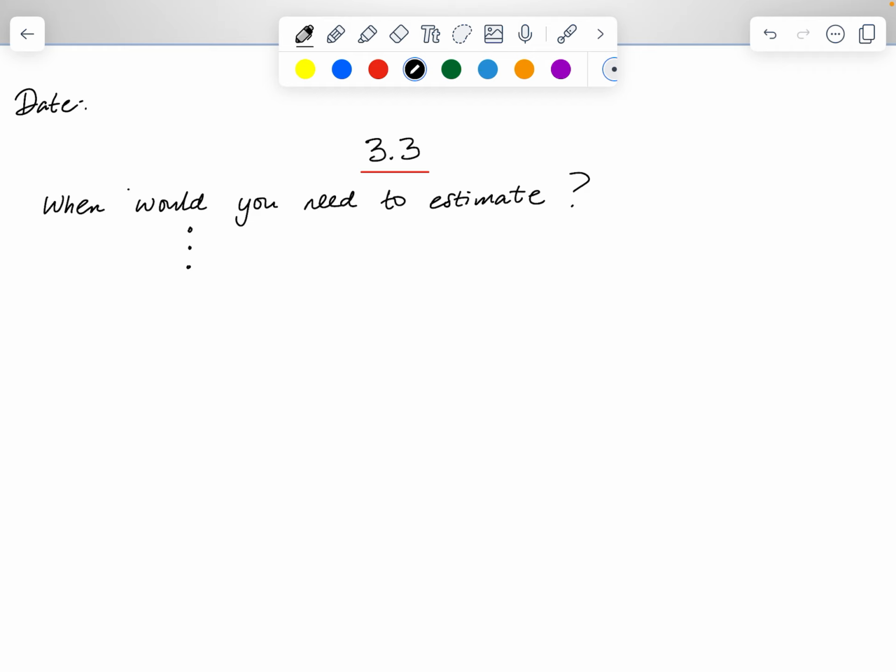Now, hopefully by now, you've come up with some different situations in which you would need to estimate in real life. So again, beyond math class. The second question, so that's question number 1. So question 2, I'd like you to write this down and we'll talk about the answer together: what is the purpose of estimating?